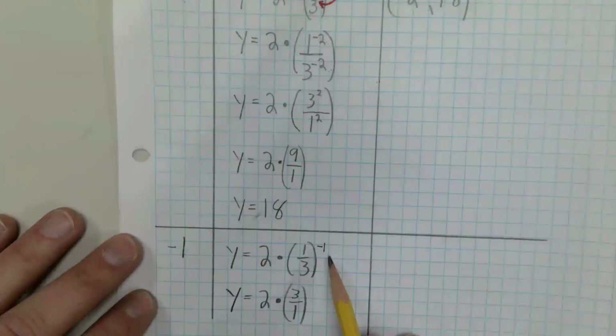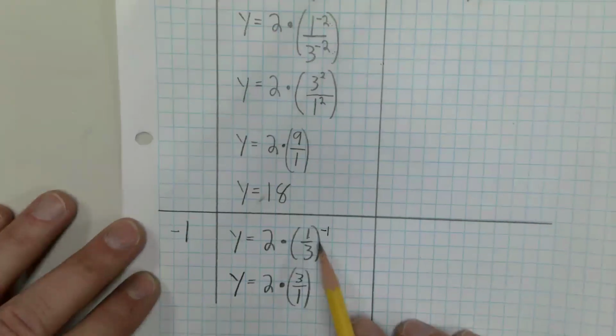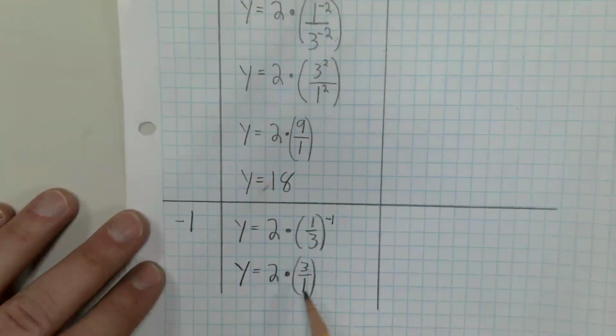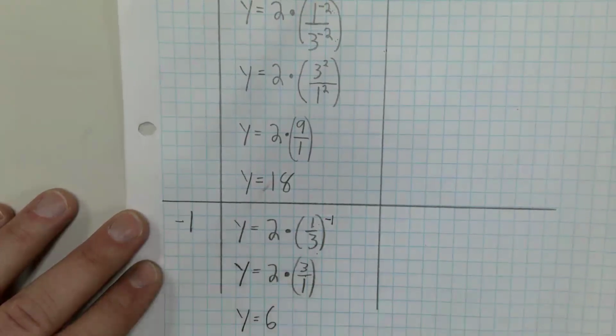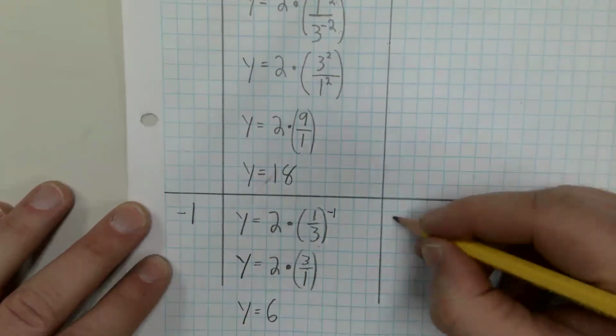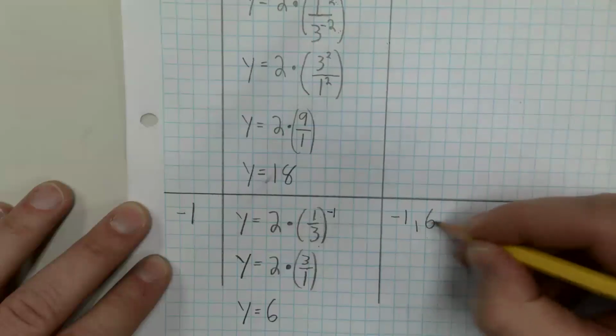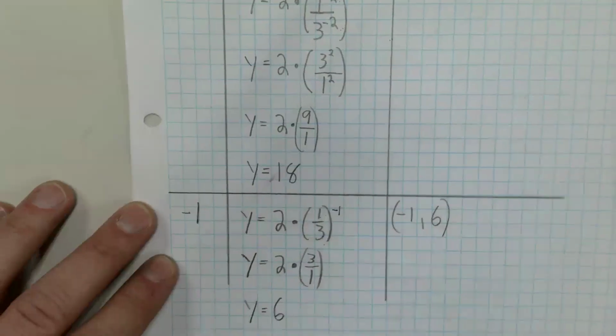For the same reasons that we did up here, that -1 is going to be applied to the 1, and the -1 is going to be applied to the 3, and everything just gets flipped around. So the denominator becomes the numerator, and the numerator becomes the denominator. And now I'm ready to multiply. 2 times 3 is 6. So my next point is -1, comma, 6. Let's keep going.